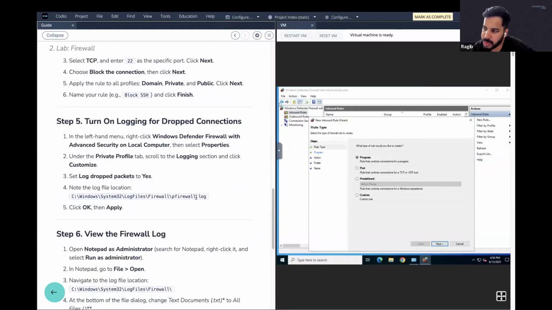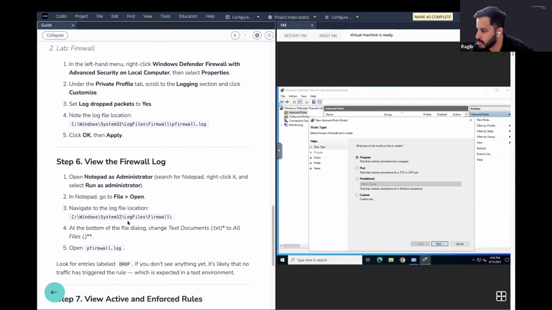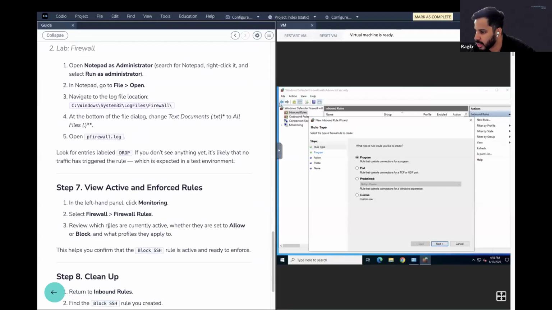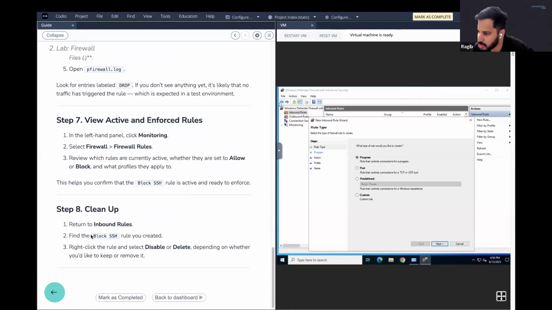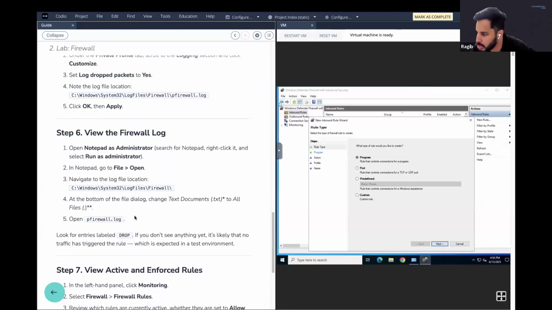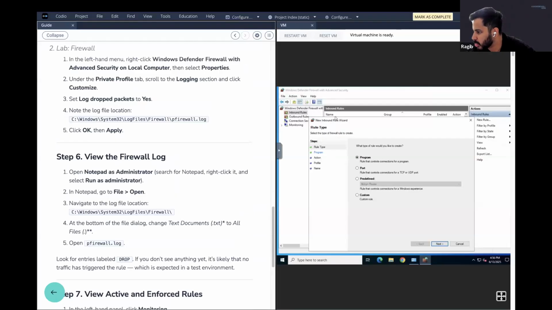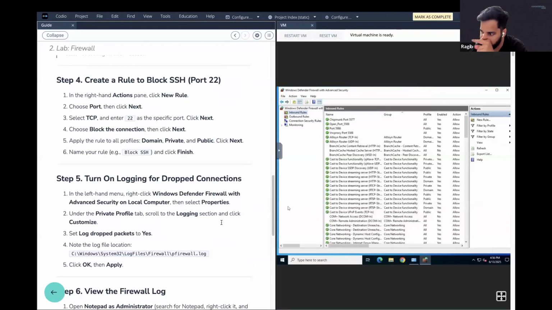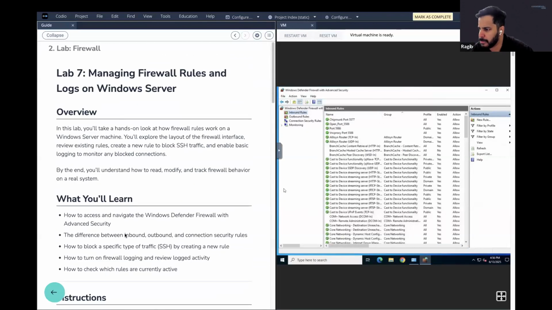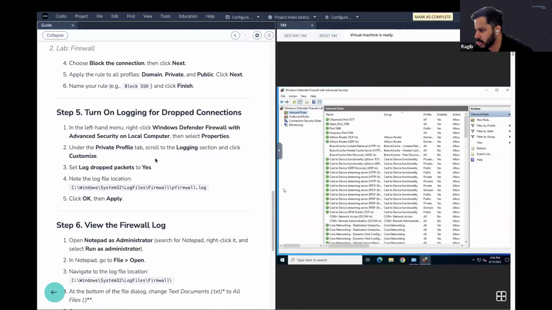Then in step 5, we find this file and check the logs. At the end, we come back and remove the rule that we added. It's very simple. Spend some time playing around with it, and if you want to understand more, look things up. I would highly recommend you go through them. That's pretty much the lab.